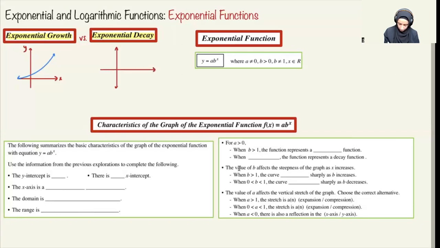An exponential decay could be something like radioactive iodine, for instance, that is decaying at a very fast rate. So it behaves something like this. Here's our exponential function approaching 0, not touching 0, and it's an exponential decay.